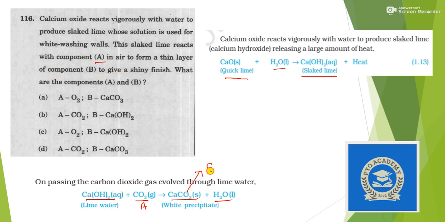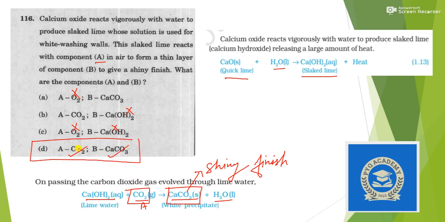Okay, so the answer should be, in place of A it should be CO2, and in place of B it should be calcium carbonate. So O2 no, CO2 and CaOH no, this is also not, CO2 plus CaCO3. This is the correct option.